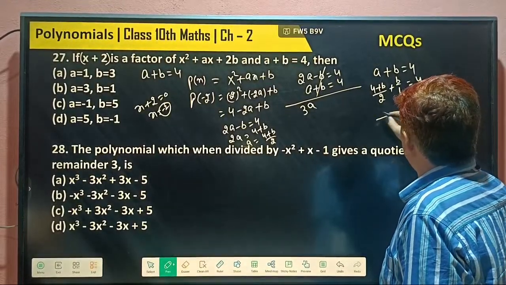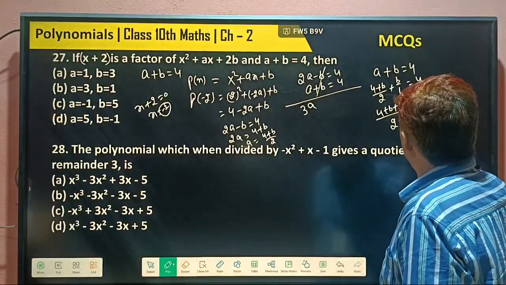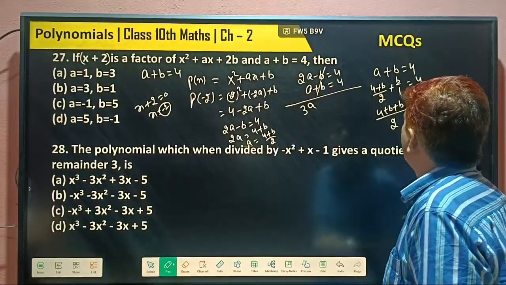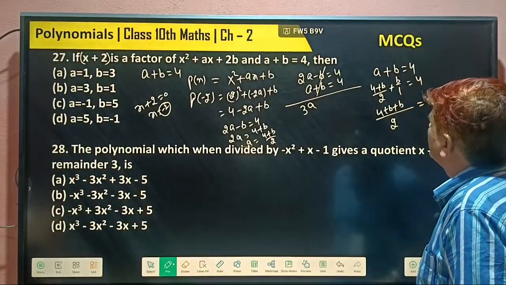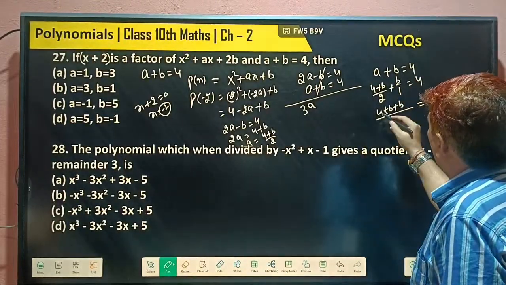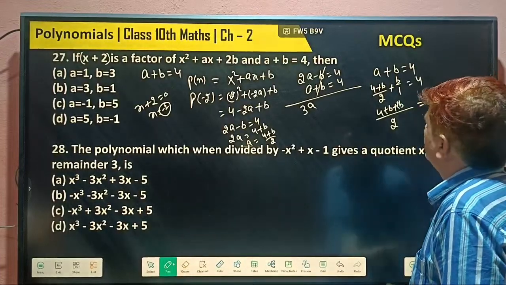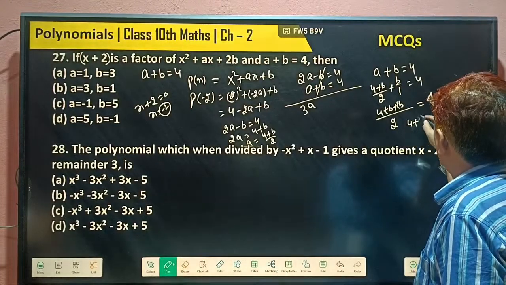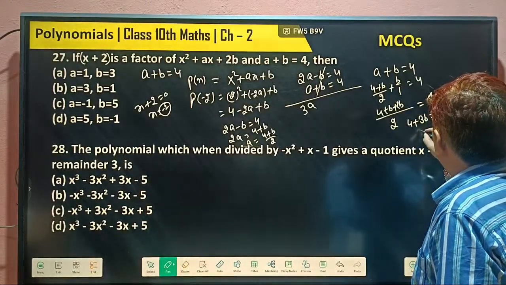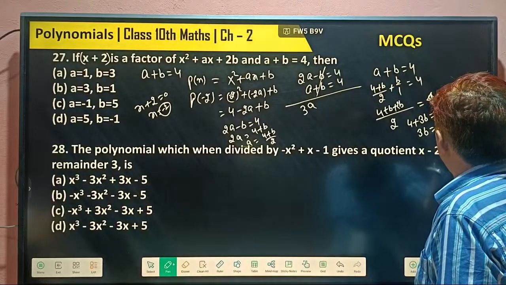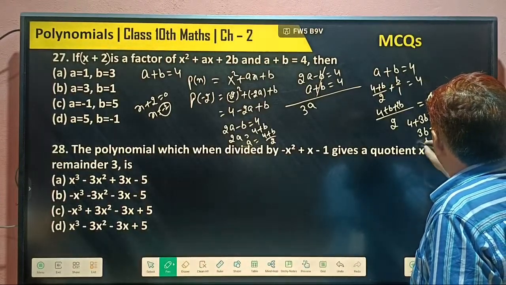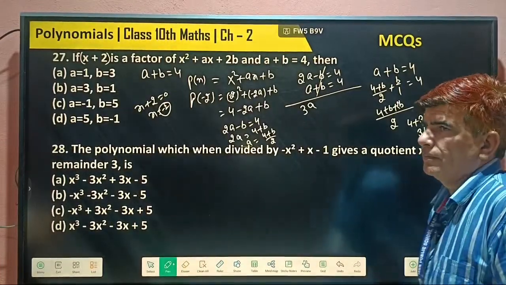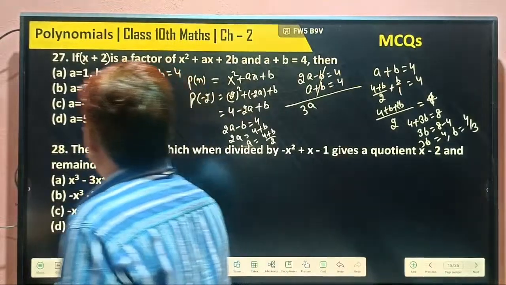So LCM 2: 4 plus b plus 2b is equal to 8, and this implies 4 plus 3b equal to 8. So 3b is equal to 8 minus 4. 3b equal to 4. b equal to 4 by 3.